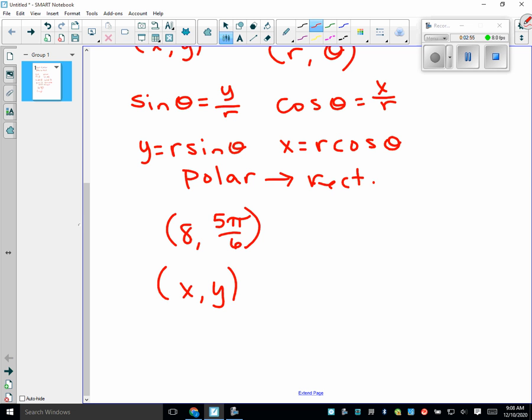Didn't we say y is r sine theta, so y is 8 sine of 5 pi over 6. Your calculator isn't going to help you, because your answer's going to be in radicals.